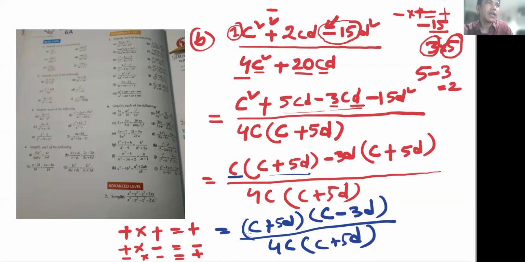Now we can see C plus 5D is there in both, and this and this will get cancelled. So we will have remaining C minus 3D divided by 4C. This is the answer. Got this point? So if we get an equation like this, we factorize it using the factorizing formula. Then if we can take common, we take common. Then we cross each other.